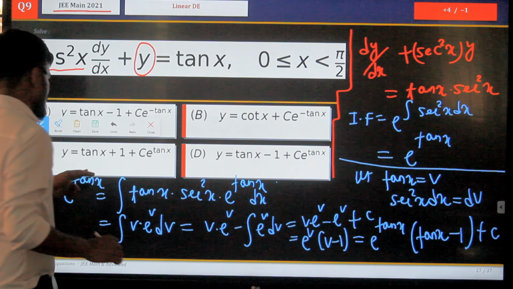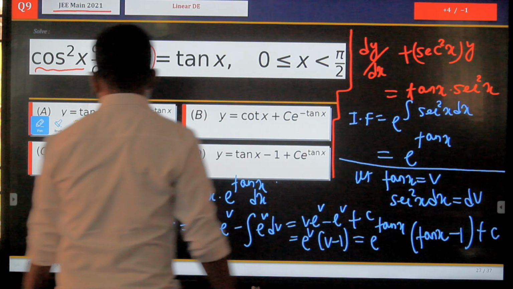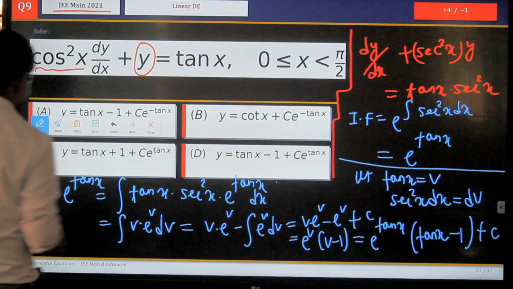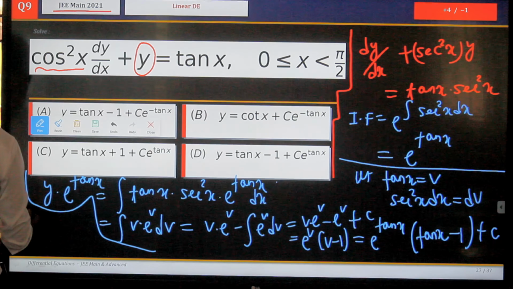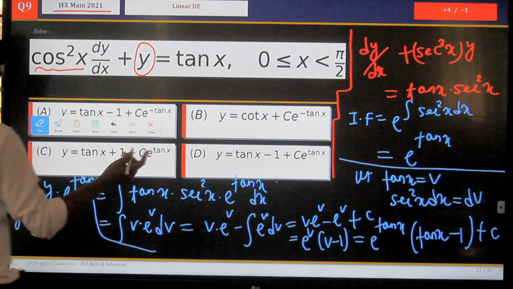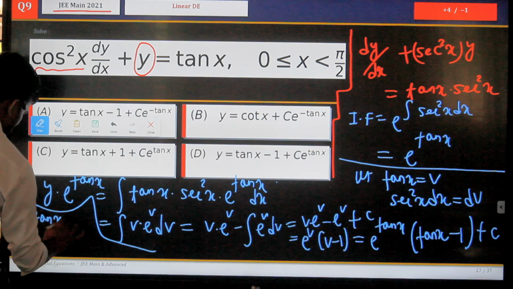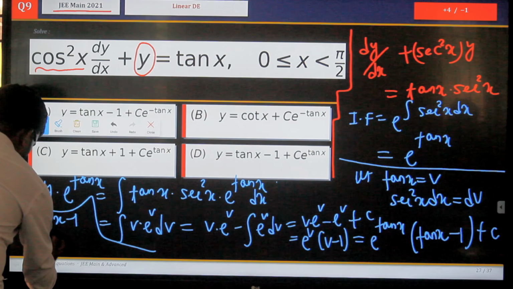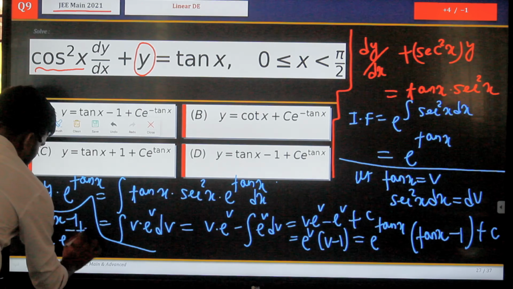So y times e to the power tan x is equal to e to the power tan x times (tan x minus 1) plus c. Let me divide by e to the power tan x on both sides. If I divide, I will get y equal to tan x minus 1 plus c e to the power minus tan x.